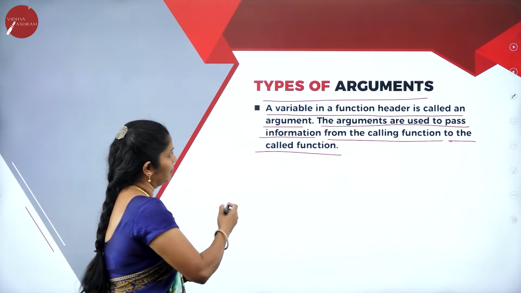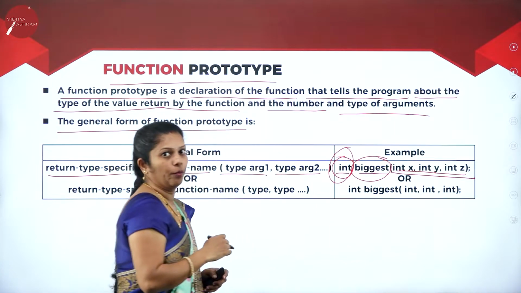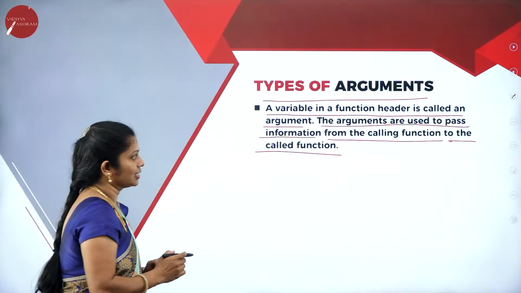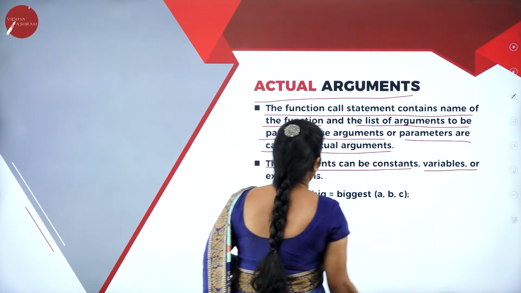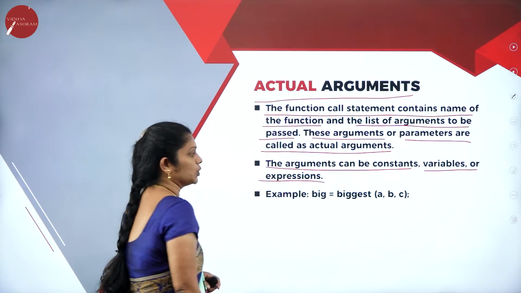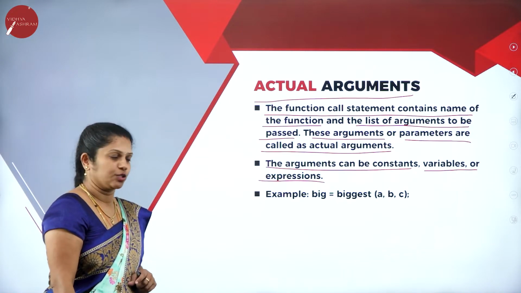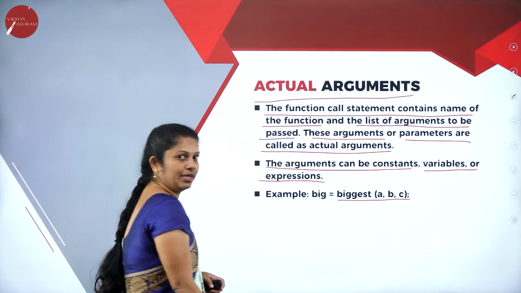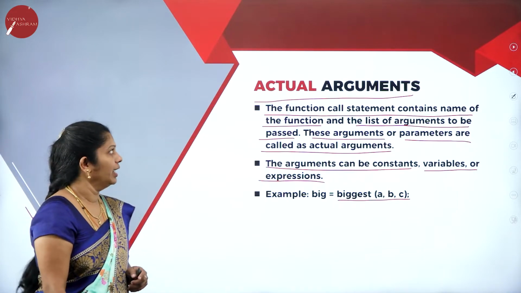Observe in the previous case, X, Y, Z are the actual arguments. Arguments can be constants, variables, or expressions also. For example, big equals biggest ABC. This is nothing but actual arguments.